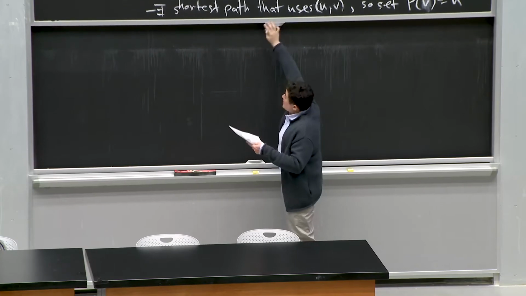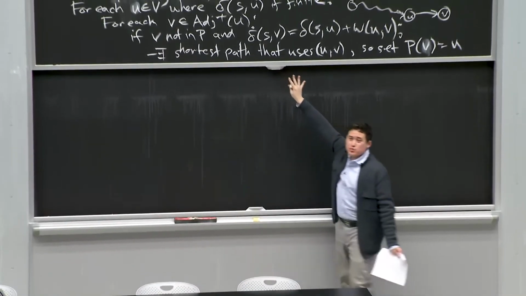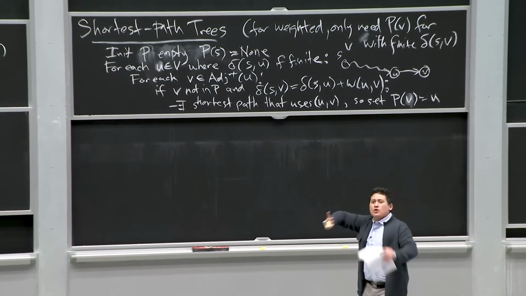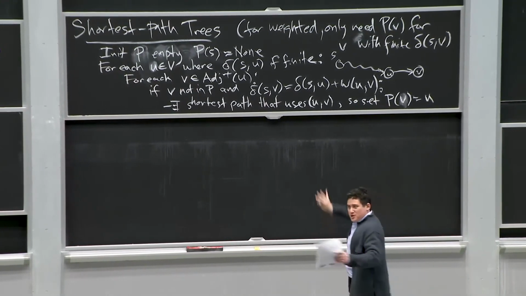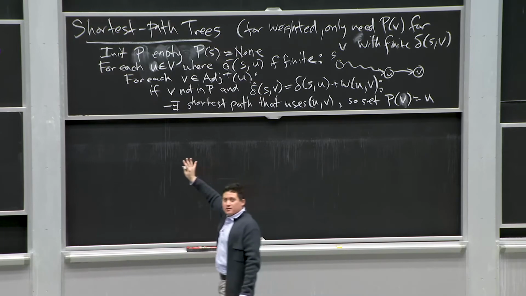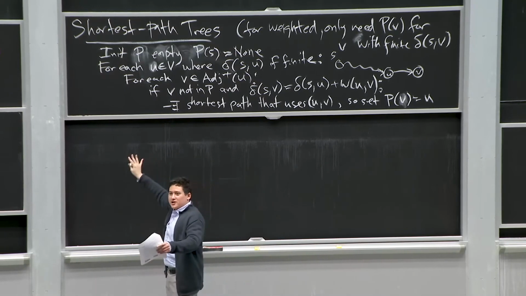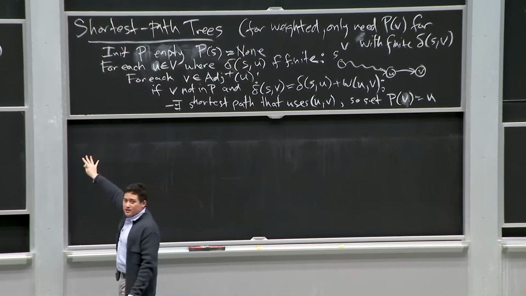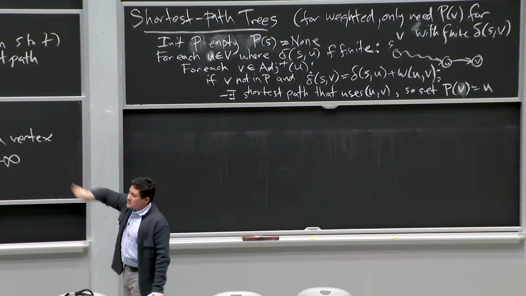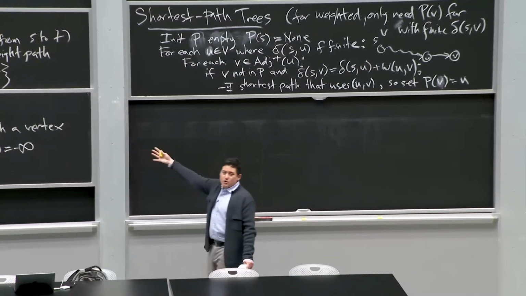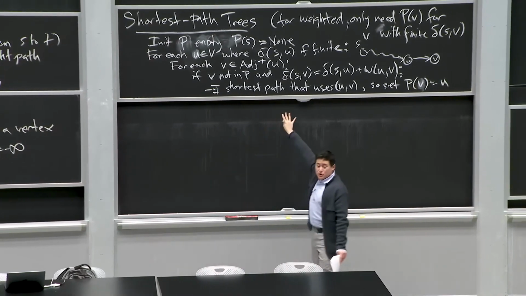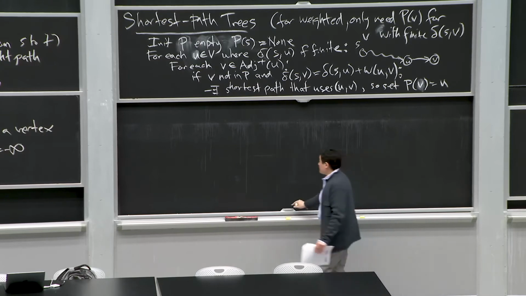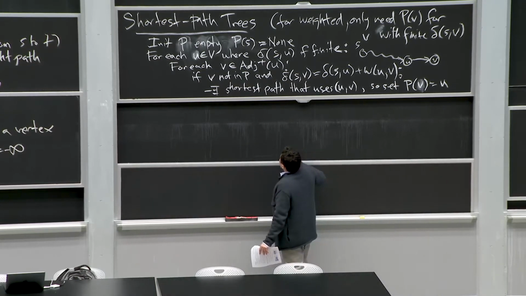And then, since we can compute parent pointers from these distances, we're going to kind of ignore computing these parent pointers from now on. We're just going to concentrate on computing the distances because we're going to have to take linear time anyway, at least. And all these other things take more time, so we can compute the distances in more time and then compute the parents after. Okay. So that's what we're going to do.